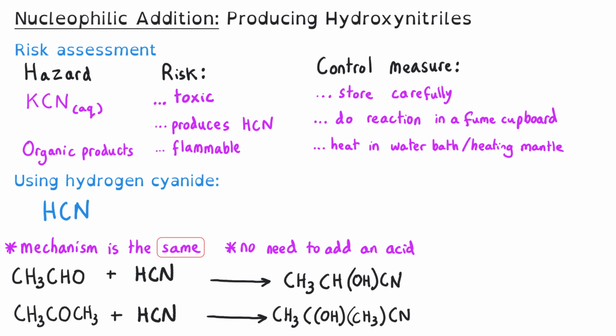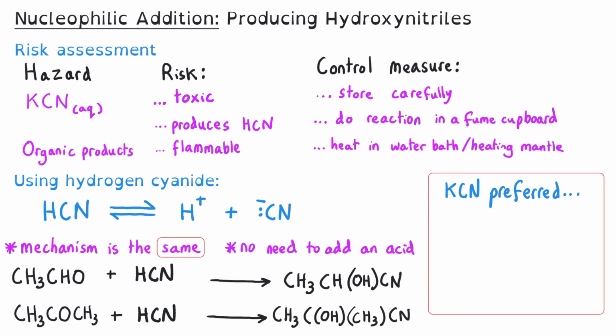The reason for this is that the hydrogen cyanide can be the source of the hydrogen ions as well as the cyanide ions, because it is weakly acidic and it will dissociate into H+ ions and cyanide ions.